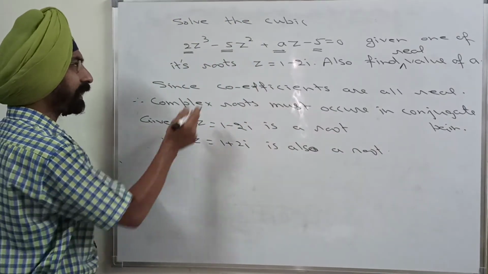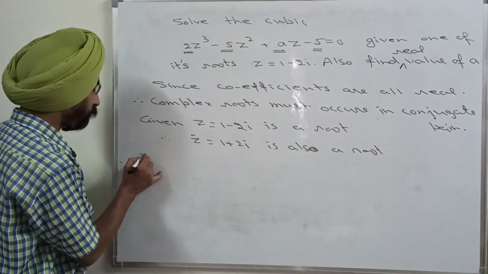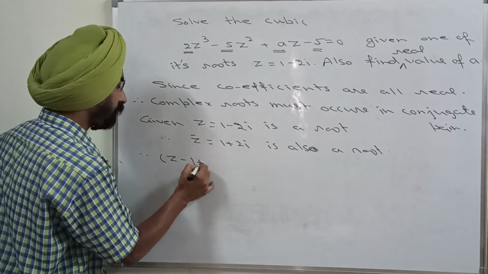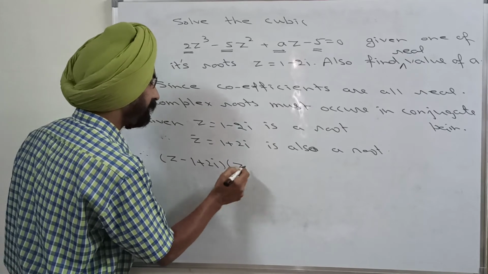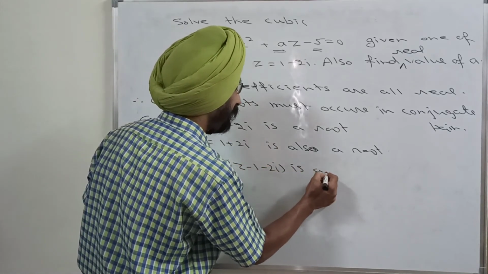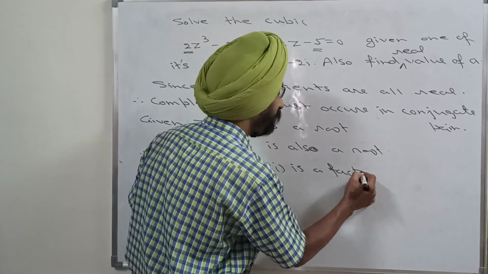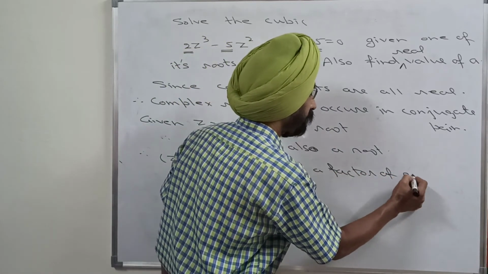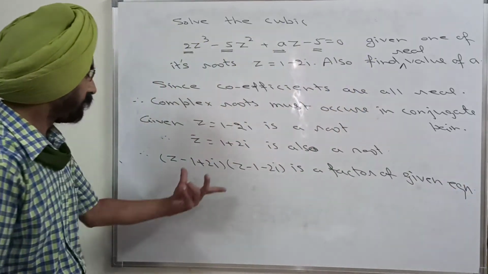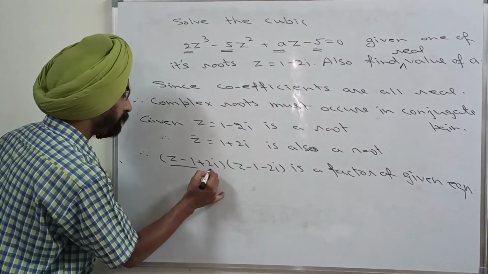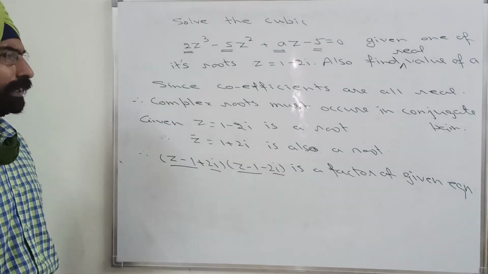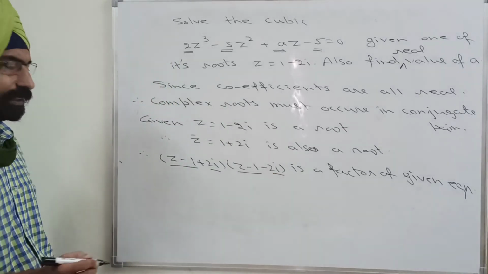Therefore you can find a factor of this equation, and the factor is z minus the first number, minus 1 plus 2 iota, into z minus the second number, minus 1 minus 2 iota, is a factor of the given equation. Now simplify it. It is a plus b and a minus b, so a plus b into a minus b is a square minus b square.